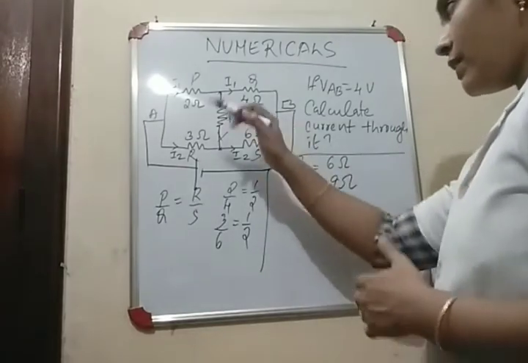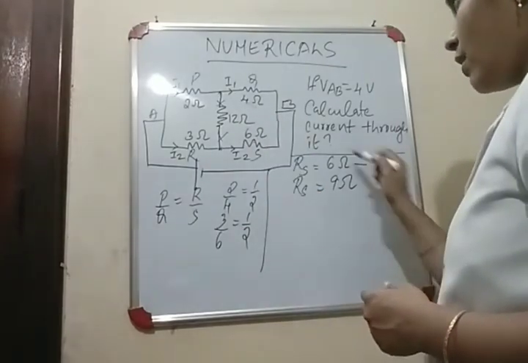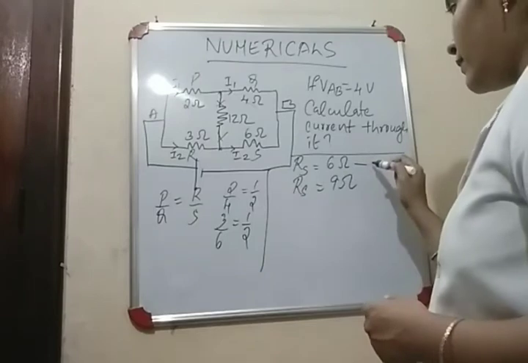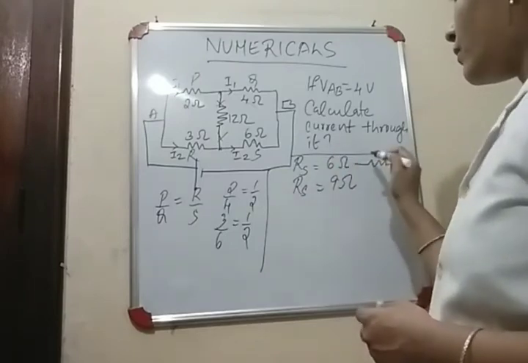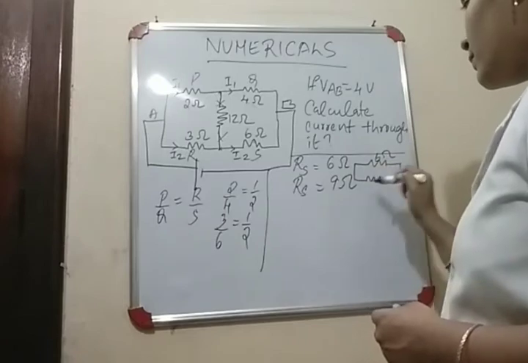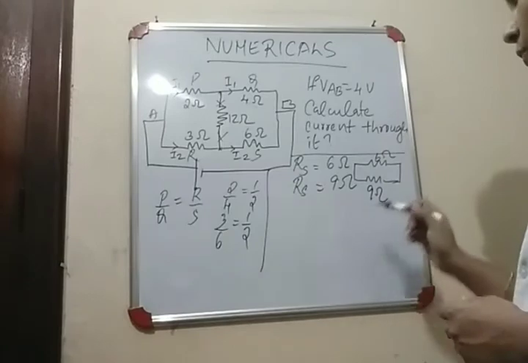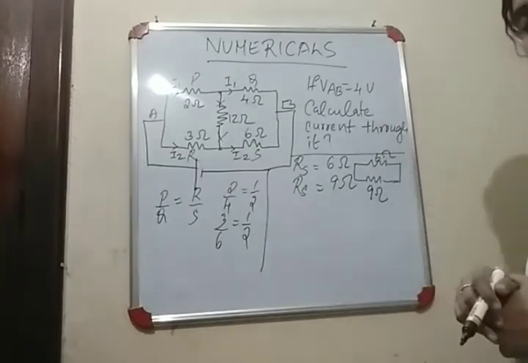And when we simplify the circuit, it looks like this. On the upper part we have an equivalent resistance of 6 ohm and here we have an equivalent resistance of 9 ohm, and both the resistors are now in parallel.